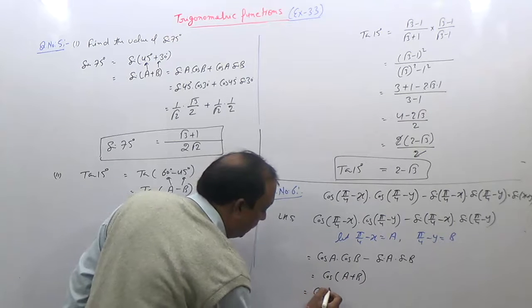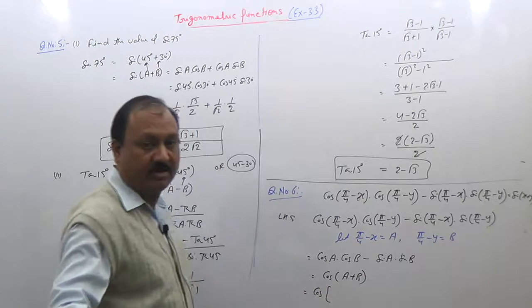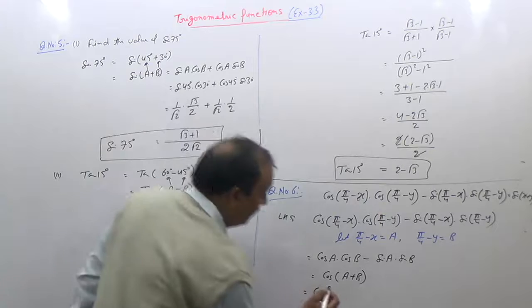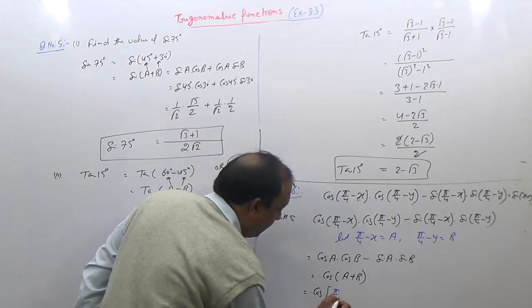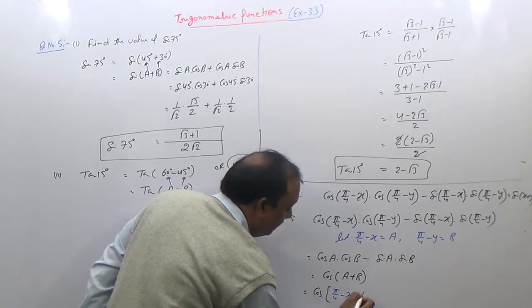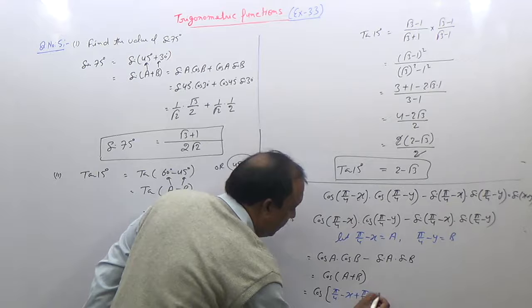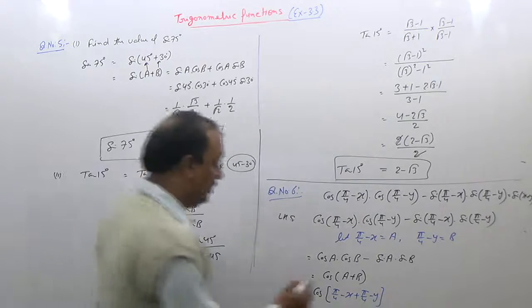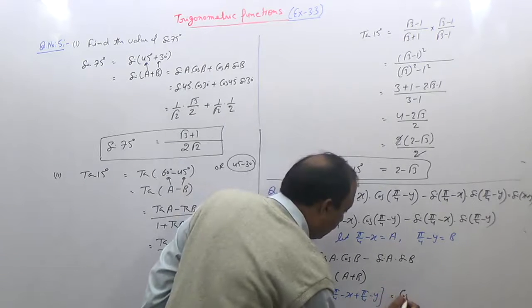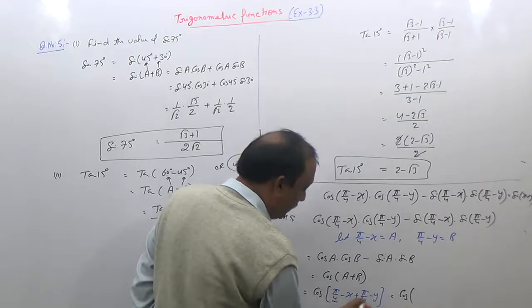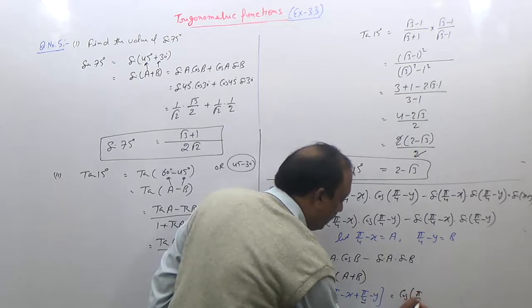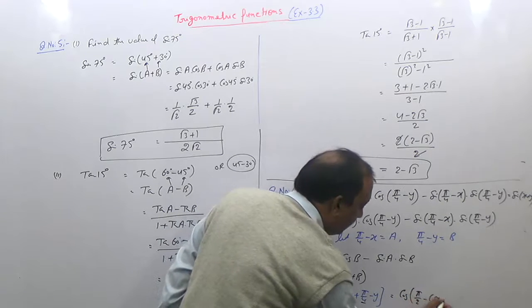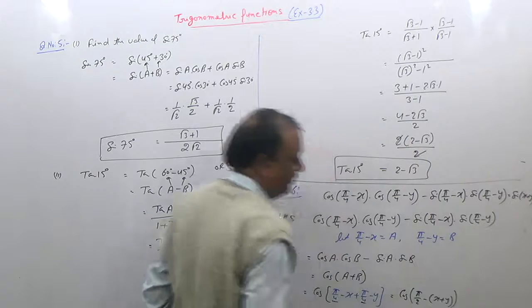This is equal to cos(A + B), where A means π/4 − x and B means π/4 − y. इनकी वैल्यू वापस पुट करें. So this is equal to cos(π/4 + π/4 − (x + y)), that is cos(π/2 − (x + y)).